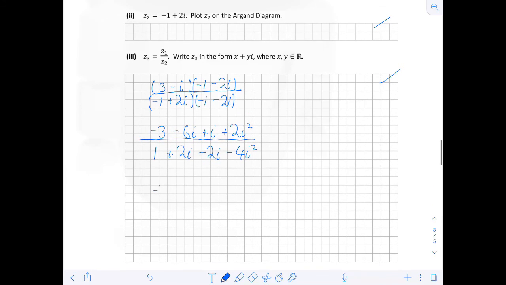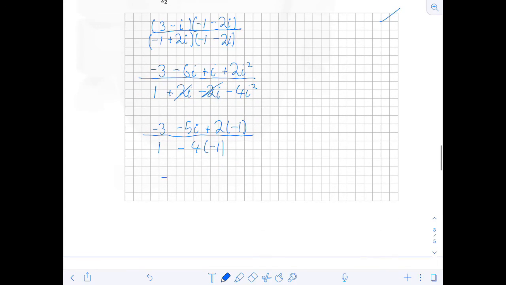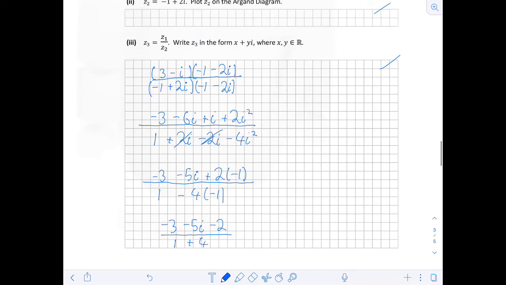I can now go minus 3 minus 5i plus 2, and that i squared gets turned to a minus 1. That's all over 1. These two are going to cancel each other out. Minus 4 times minus 1. So that's going to be minus 3 minus 5i minus 2 all over 1 plus 4.